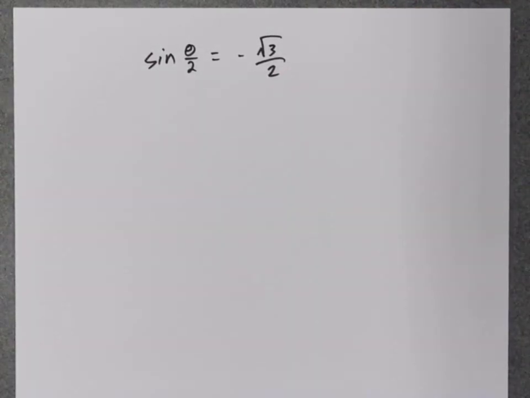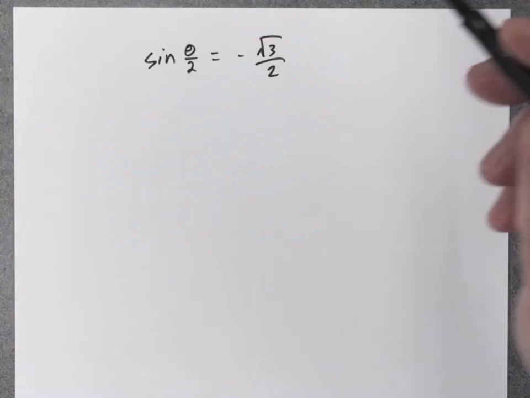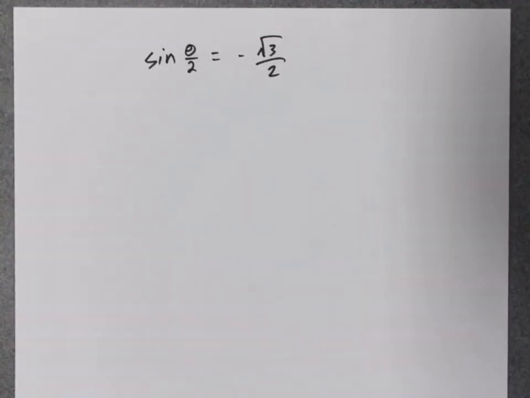So once again, they're asking for the general solution, and then they're asking for the first 6 values. I may not finish it, we'll see. But the key is, I notice right away inside my sine function, it's not just theta. It's theta over 2.